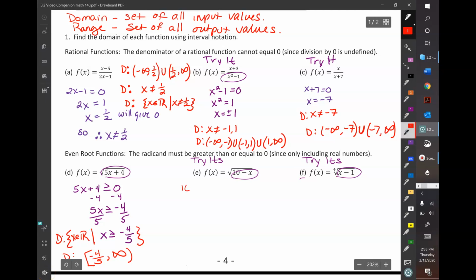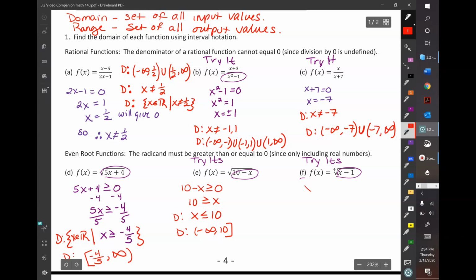Okay, so now I have 10 minus x greater than or equal to 0. 10 is greater than or equal to x, and now I'm just going to switch that around, x less than or equal to 10. So I can leave it like that, or write it in interval notation: negative infinity to 10, and then make sure you have a squared off bracket for that.